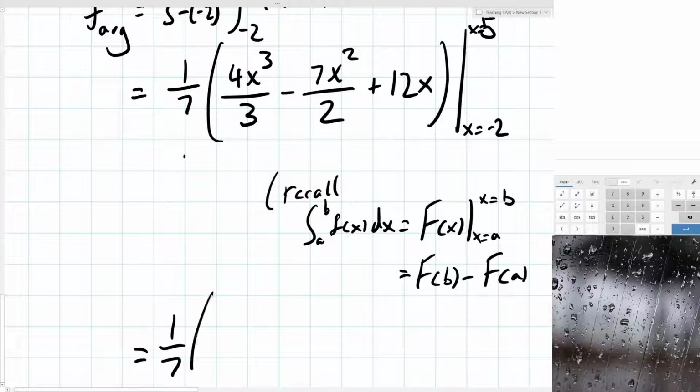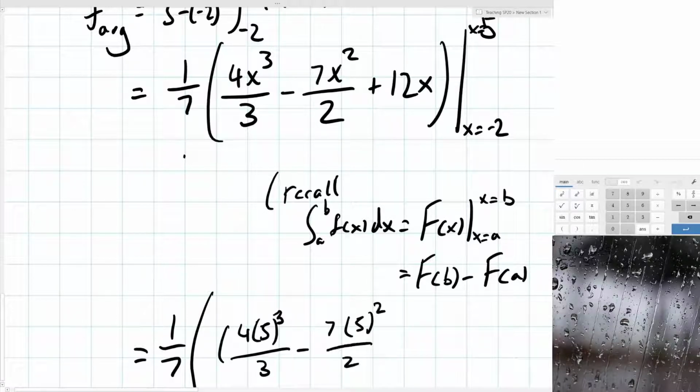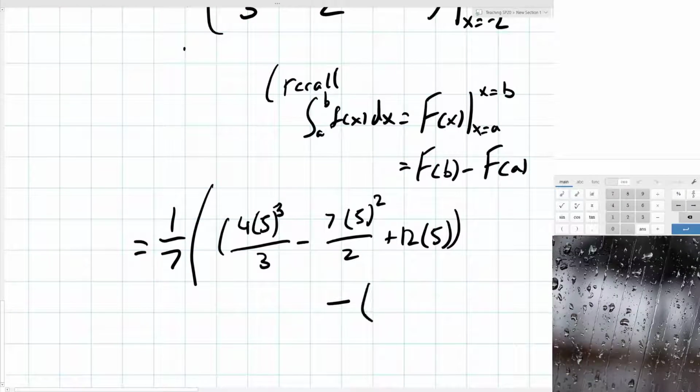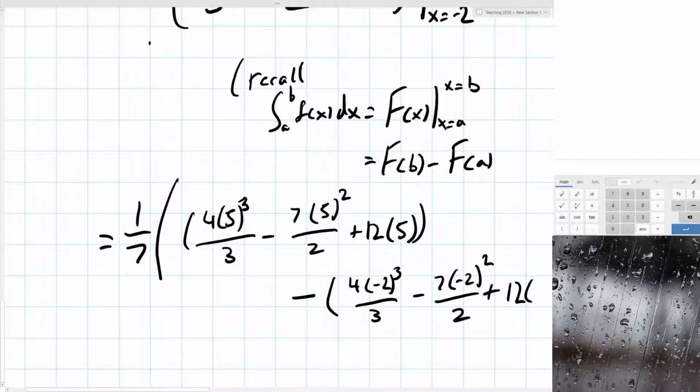That's 1/7 of 4 times 5 cubed over 3 minus 7 times 5 squared over 2 plus 12 times 5, minus 4 times -2 cubed over 3 minus 7 times -2 squared over 2 plus 12 times -2.